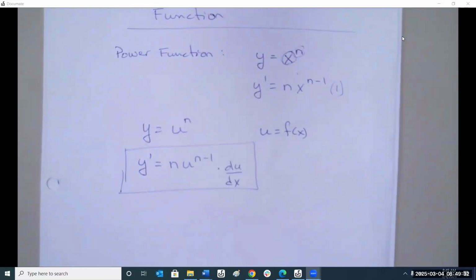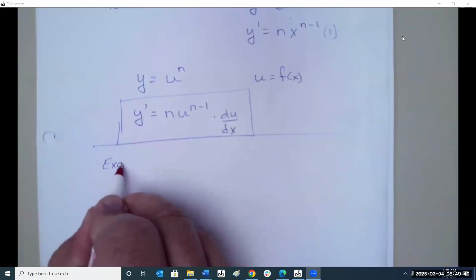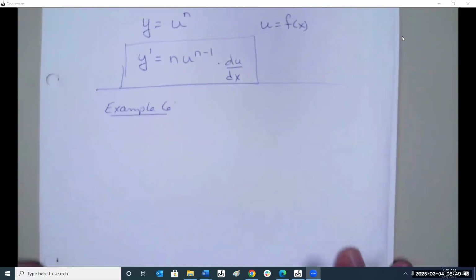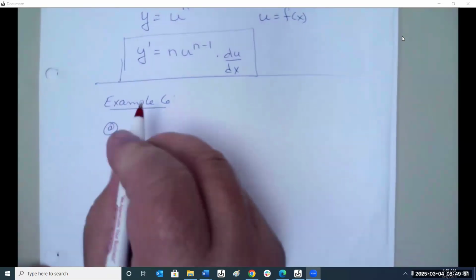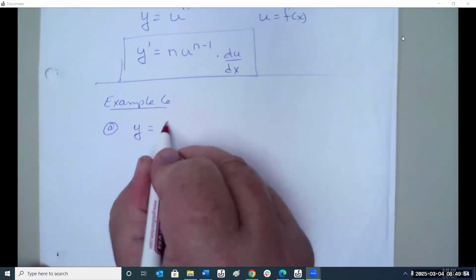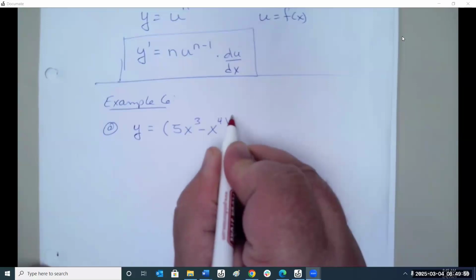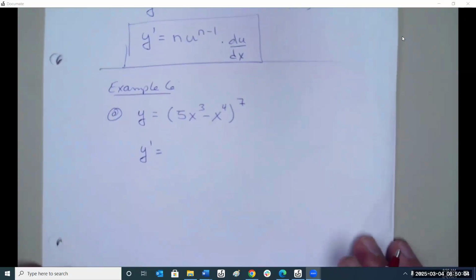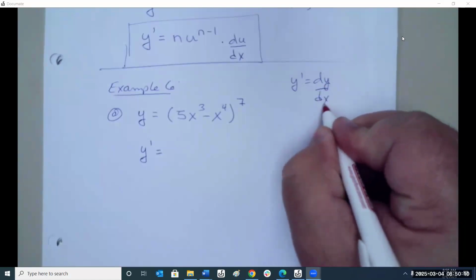Let's look for an example here. A. y is equal to 5x cubed minus x to the power 4, all that to the power 7. Find y prime. Remember, y prime is the same thing as dy dx.